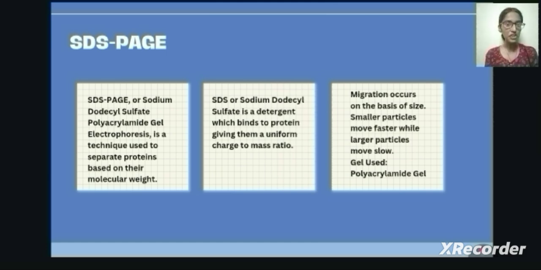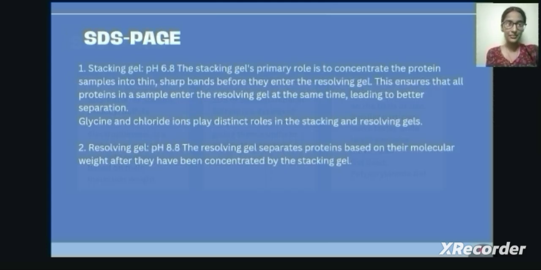They also give negative charge to protein. So when electrophoresis goes on, proteins will move towards anode. Now migration occurs on the basis of size as said earlier, and smaller particles will move faster while larger particles will move slow. Now the gel we use is a polyacrylamide gel. It is a matrix at which migration will occur, and then we have electric field which will drive the migration.